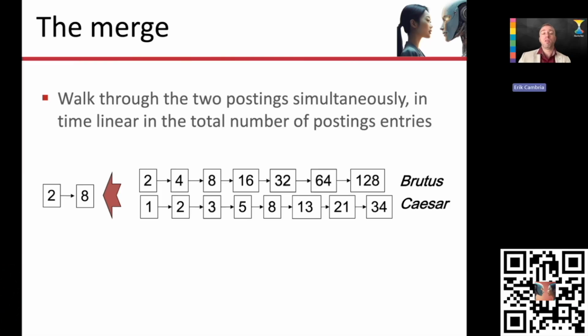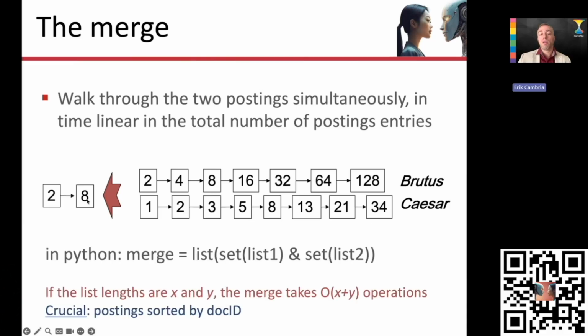You're just basically looking at 2 lists of numbers and finding the ones that are common. So in Python, it would be just using the AND command between list 1 and list 2 and represent it as a list. It would give me the two common documents that I need in this case, where my query is find me all the documents that contain both Brutus and Caesar.